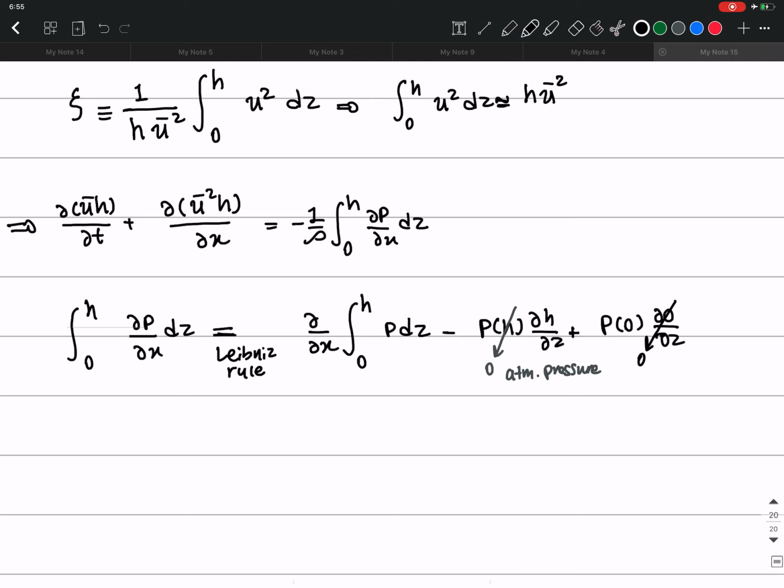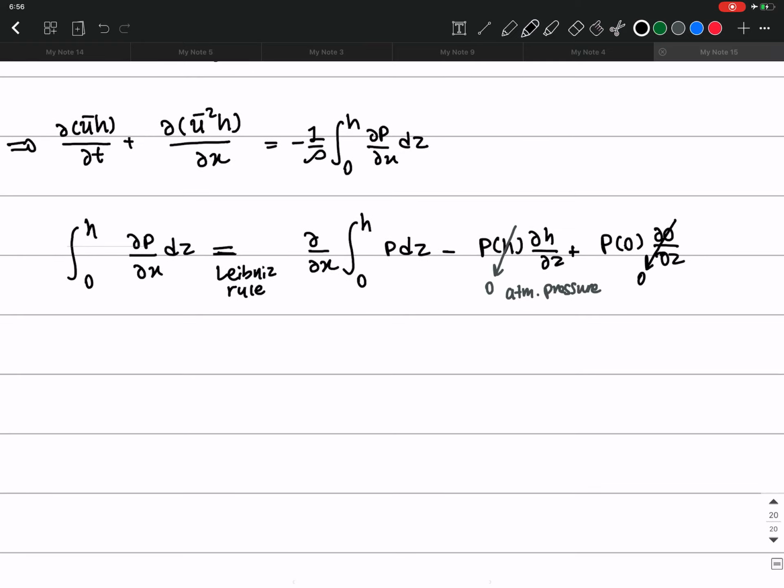Here, I can just assume that we have a hydrostatic balance for pressure. So let's say this is H, this is 0, and this is how the pressure looks at the bottom.